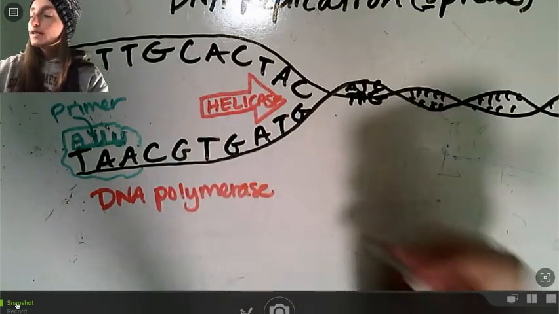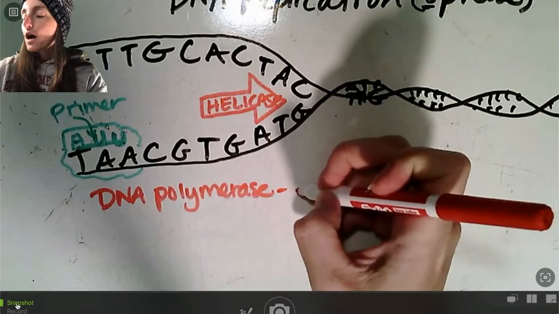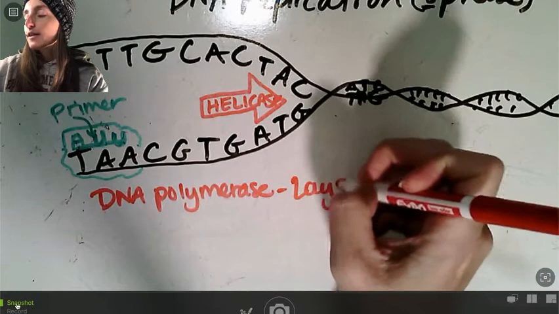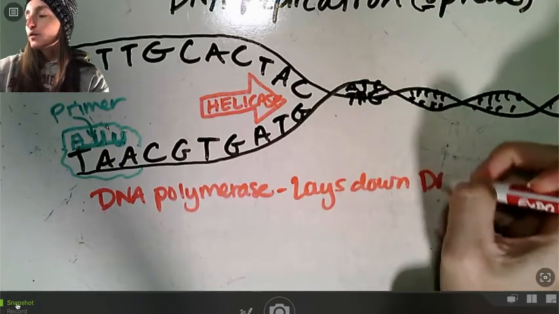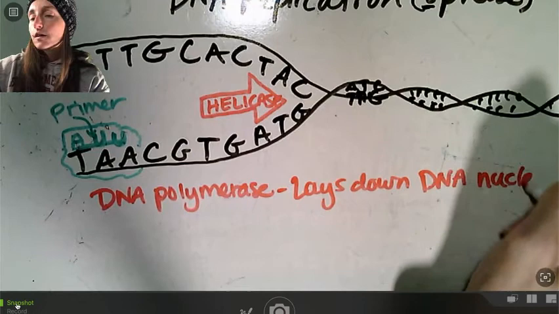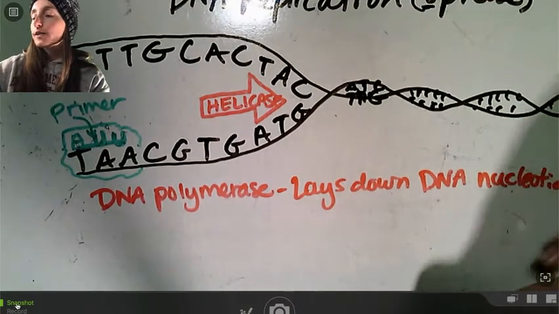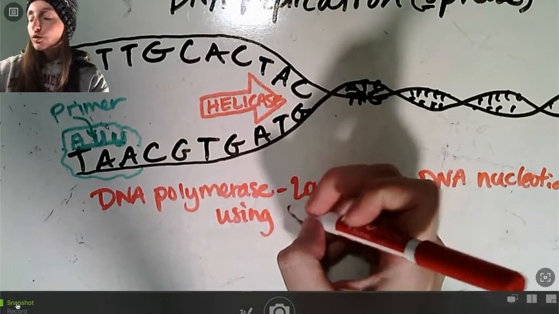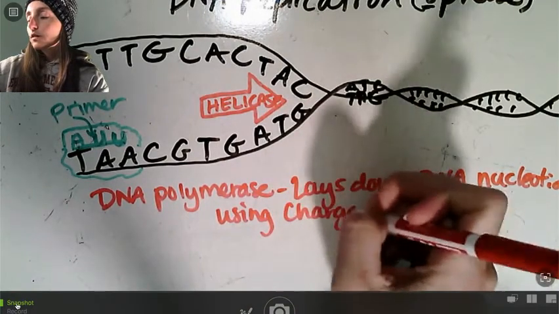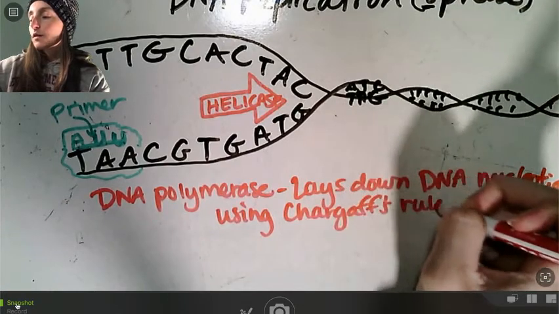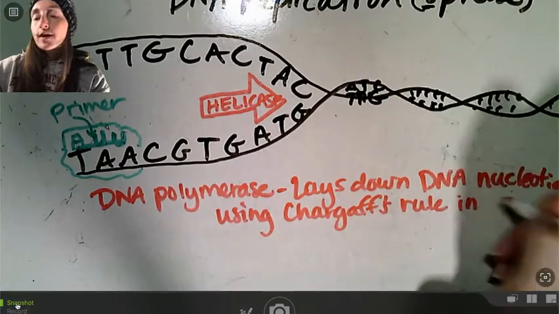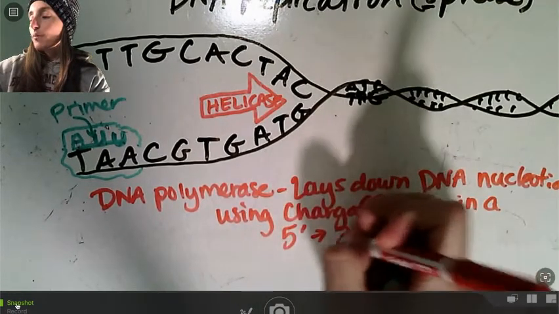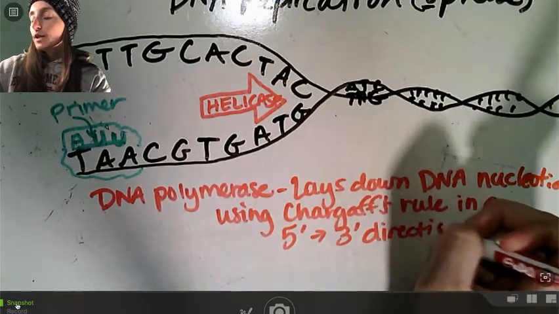DNA polymerase lays down DNA nucleotides, using base pairing rules, Chargaff's rules, in a 5' to 3' direction. I'm going to write something that's going to make no sense to you, and then I'm going to explain it to you.